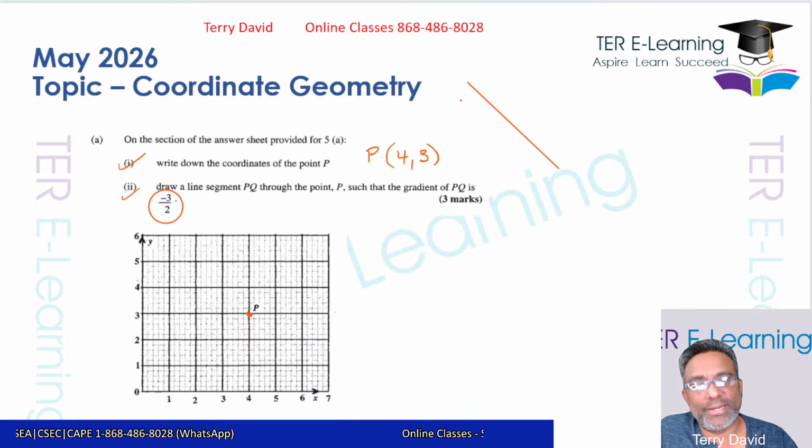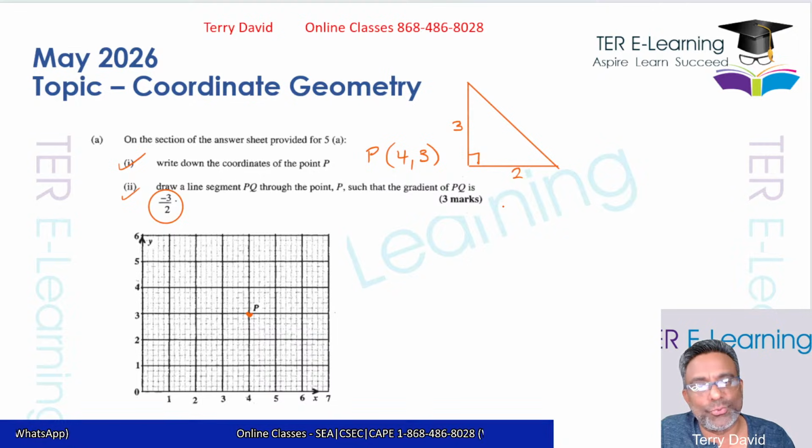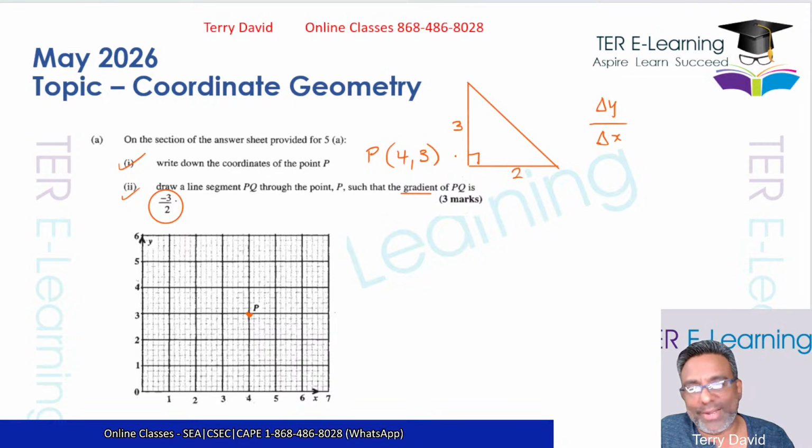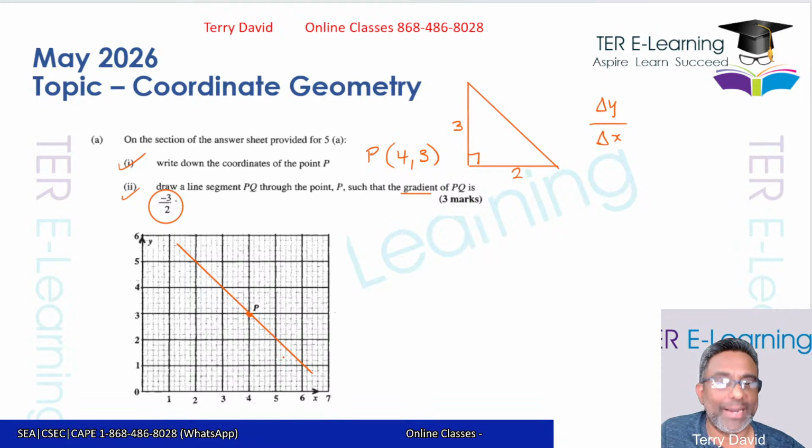But because the gradient is -3/2, in terms of dimensions, this length here has to be 3 and this here has to be 2, based on how we calculate gradient. Gradient is really your change in y over your change in x. So if I were to draw a right angle triangle, it's always going to be y over x. So the line we're looking for has to be sloping this way, and the slope of the line has to be -3/2.